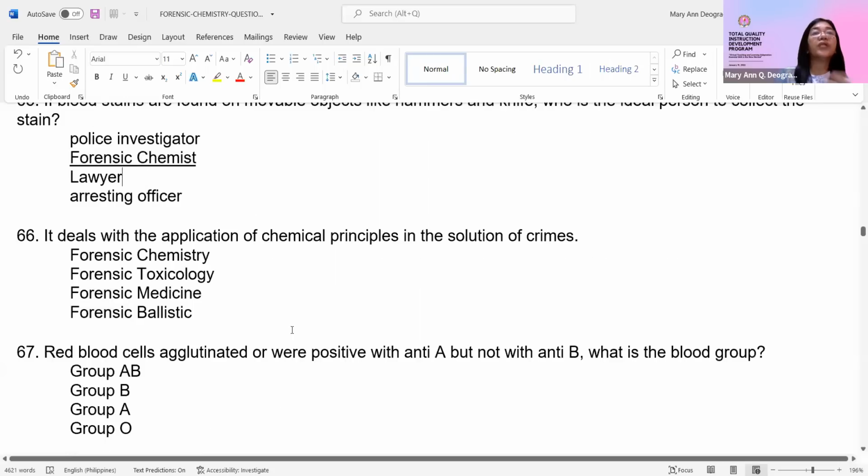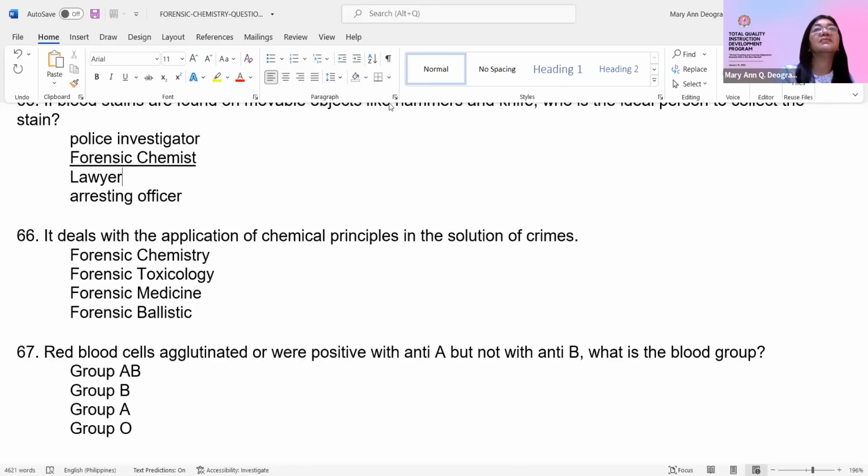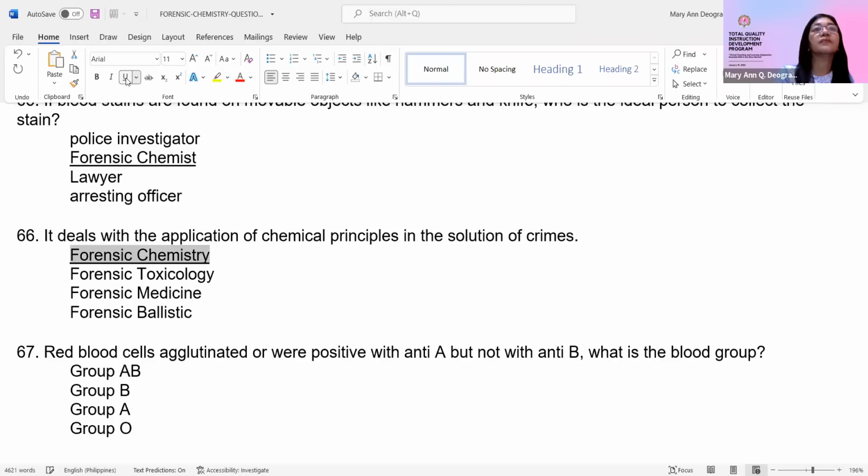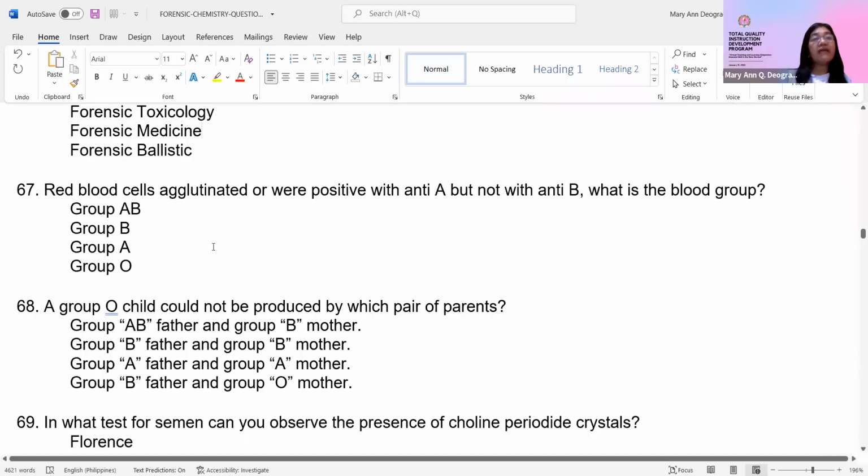Alright. O, ito naman siguro alam nyo na. O, anong sagot? Okay. So, number 66 is letter A. 67.